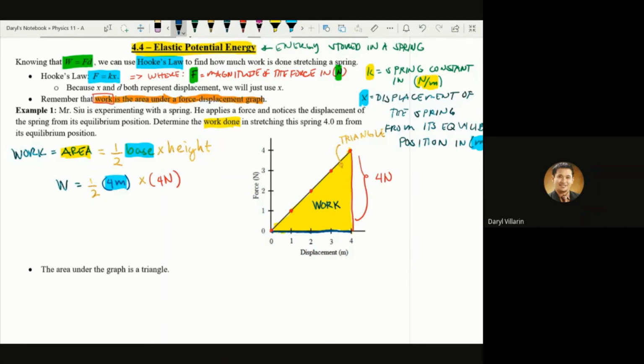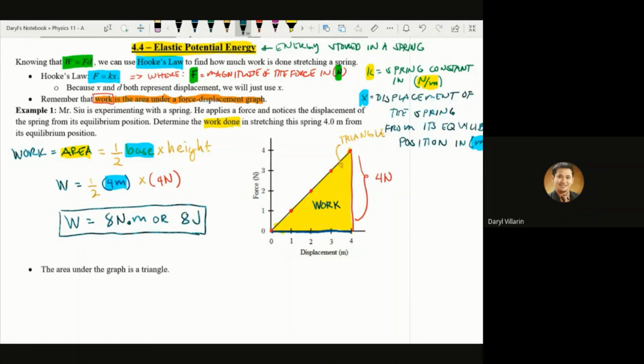So if you can see, I'll just multiply everything and get the value, that should be 8 Newton meter. But Newton meter is just equivalent to 8 joules. Okay. So therefore, the work done in stretching your spring is 8 joules. Okay.